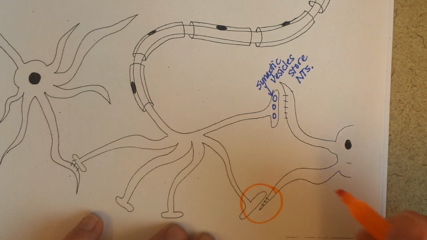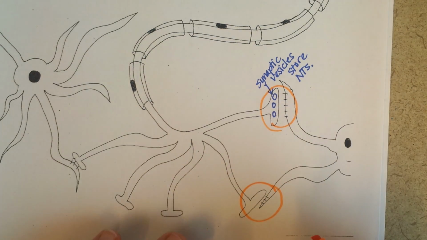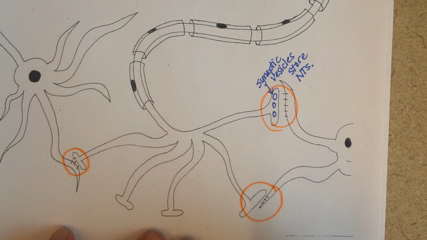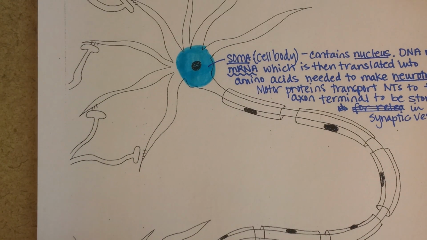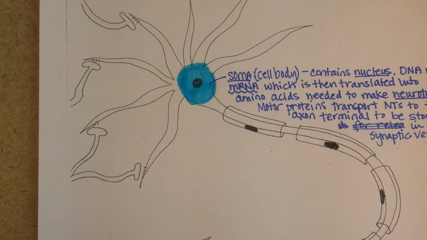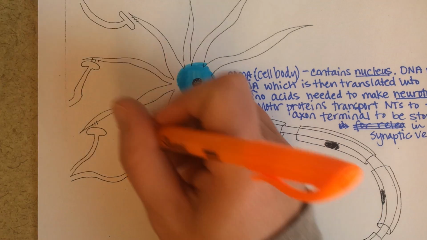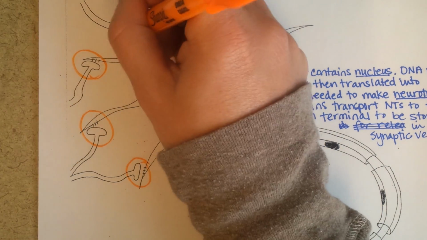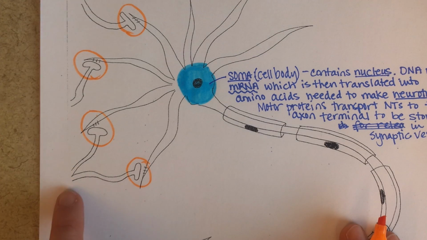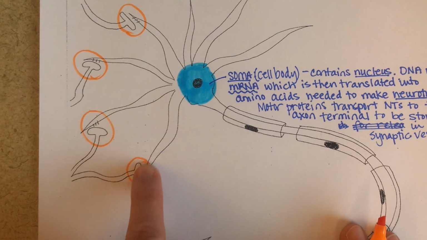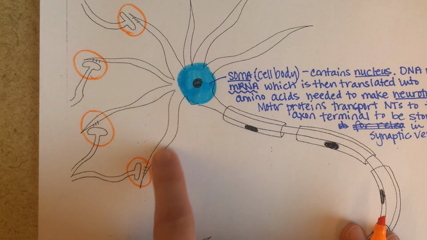You can circle, there's one, and there's one on this picture. Maybe you can find a few more up here. Here's one, here's one, here's one, here's one. So these are axon terminals from another neuron joining up with this part of a neuron, which is called a dendrite.